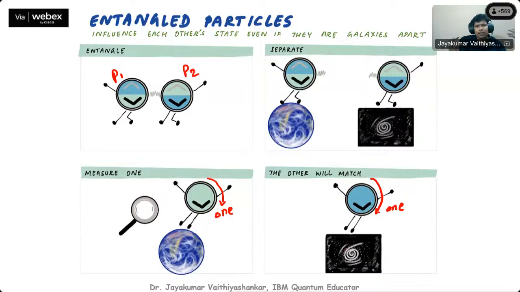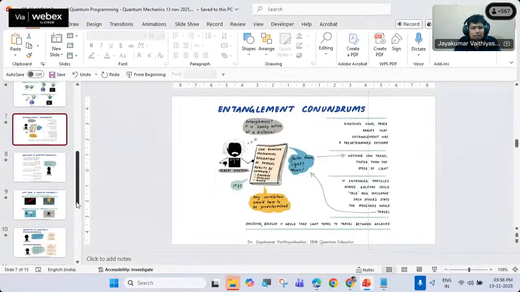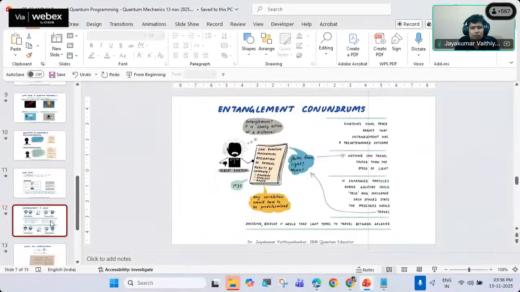Here you may get confused, but it is a quantum state. It doesn't mean position. This is a quantum state. If the quantum state of P1 is pointing to the south pole, the quantum state of P2 is also pointing to the south pole. So this is positive correlation. In the same way you can get negative correlation.